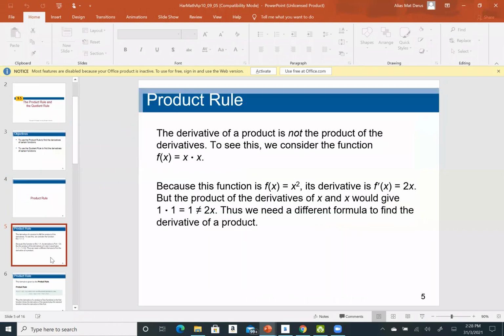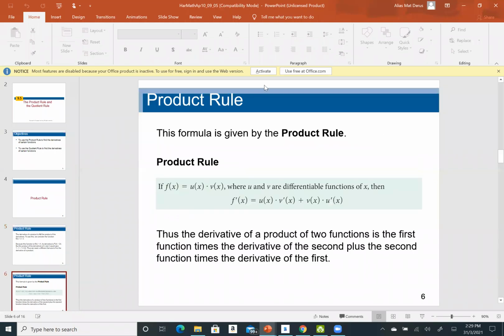So the product rule is something like this: f of x equals u, one term of x, times another term in x, which is v. So u times v. How do we differentiate that kind of function?